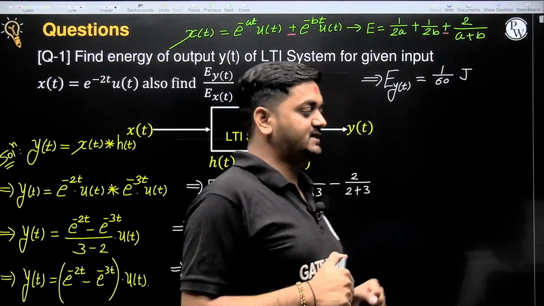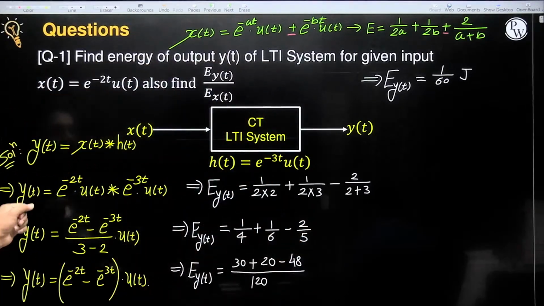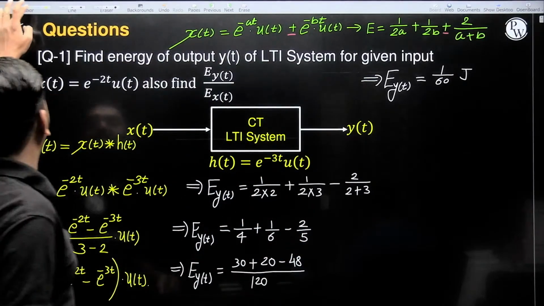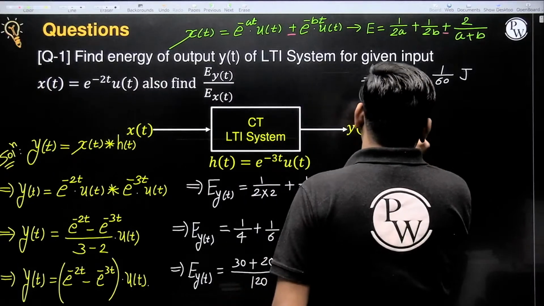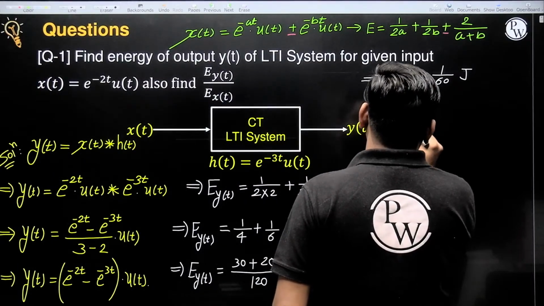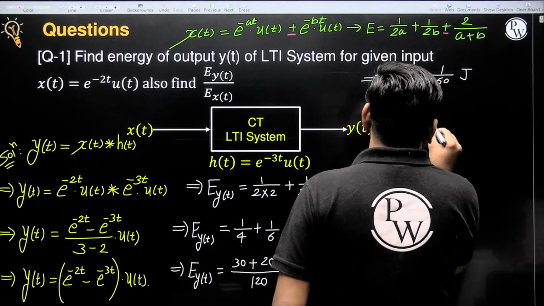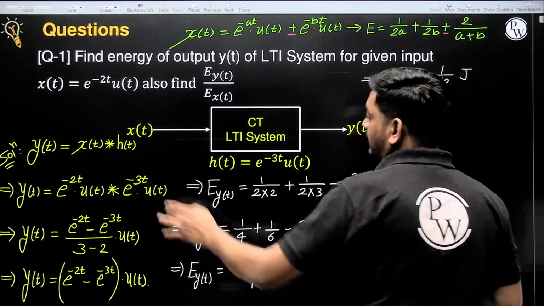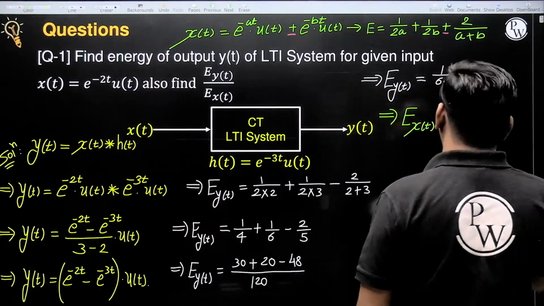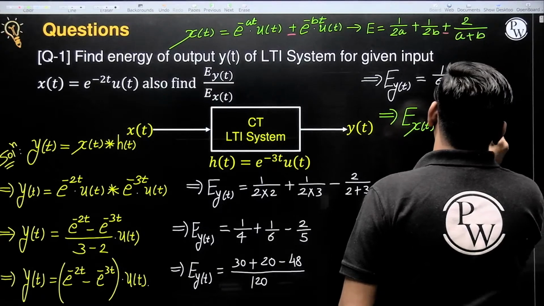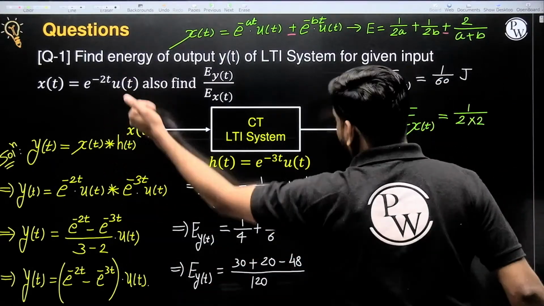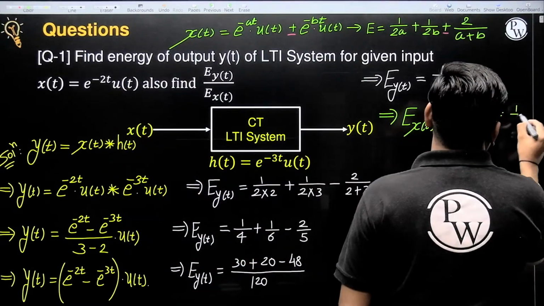Now they are asking the ratio of the energy of the output signal to the energy of the input signal. Now what is the energy of the input signal? It is the exponential function, so the energy of the signal is given by 1 upon 2a, for an exponentially decreasing function. So it is 1 by 4.